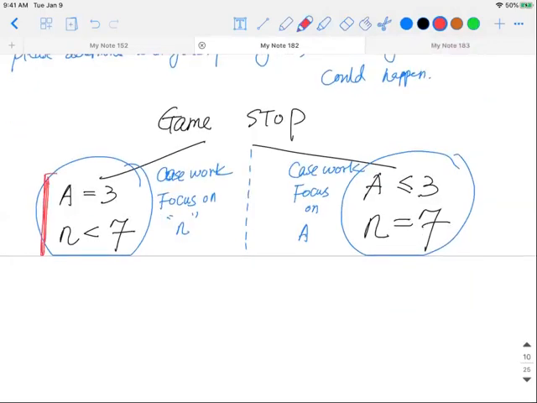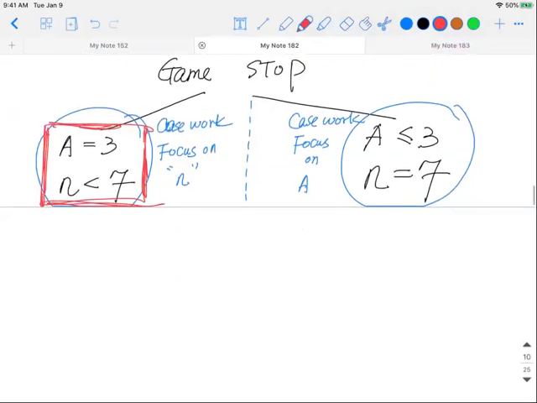If A is equal to 3, but I'm using lesser than 7 times, this is case number 1: A equals 3, while N is lesser than 7. So let's just have some discussion together.